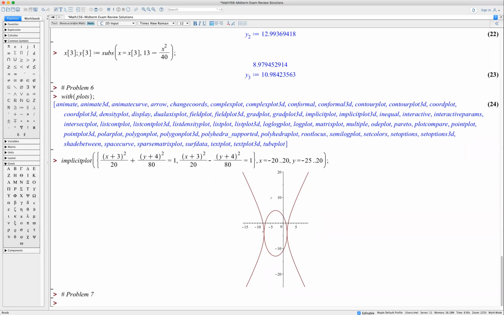Problem 7 is to compute some integrals, an indefinite integral and a definite integral.